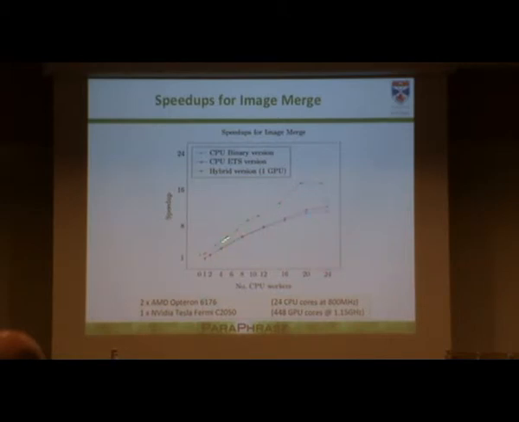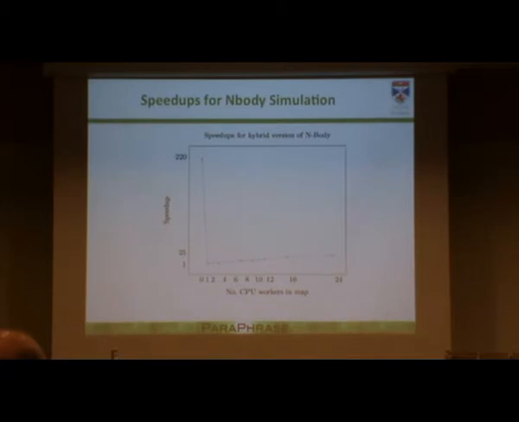If you use the GPU as well, you can see you get much better speed up to this point here, about 18 on 20 cores, at which point it flatlines, basically because you've run out of work. If you have more work, you can keep going. We've submitted this to TFP, so hopefully we'll get this published soon.